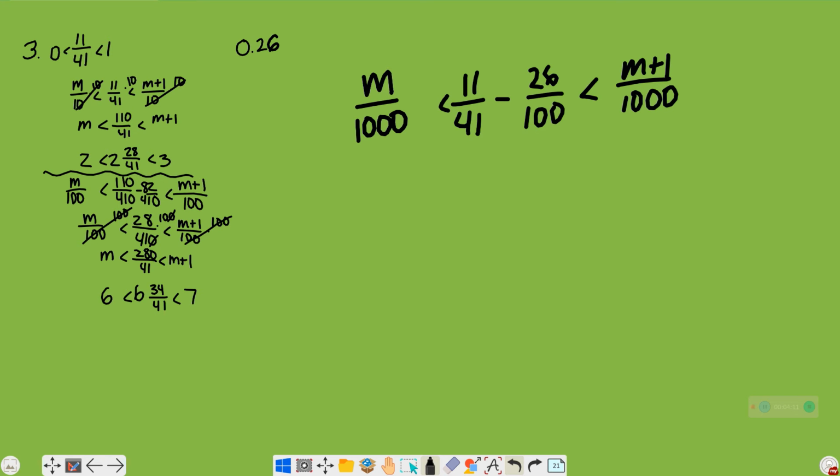So we need to multiply this one by 100 to get a common denominator, and this one by 41. 26 times 41 is 1,066. So when we subtract from 1,100, we get 34 over 4,100.